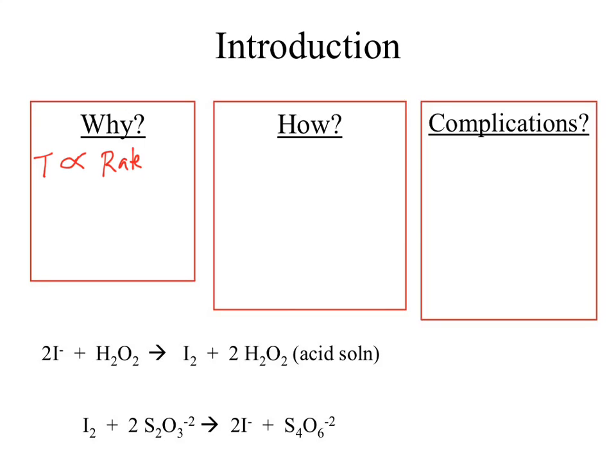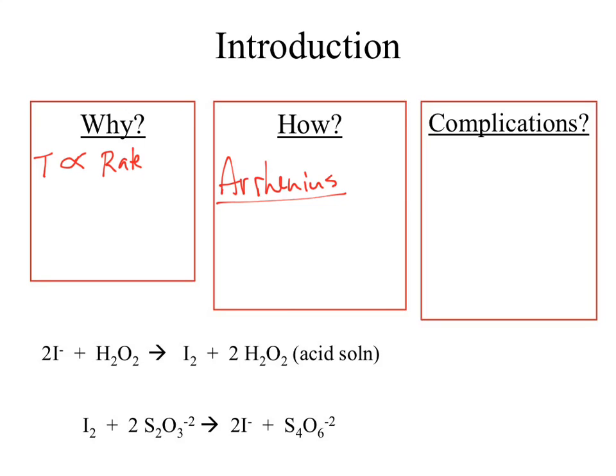Thankfully, we aren't trying to prove it all the way from back to basic principles. What we're going to start with is the basic principles and ultimately prove those basic principles. Okay? So what are the basic principles that show the relationship between temperature and rate? What we're looking at is the Arrhenius expression.